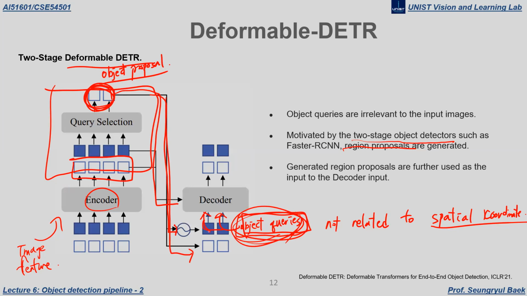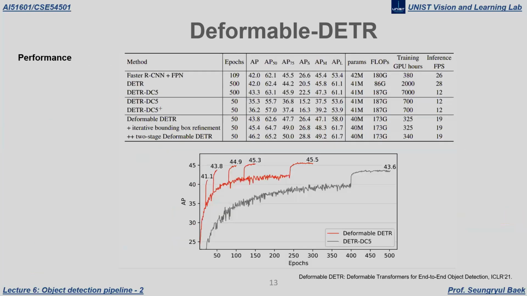They actually add this information when constructing the queries to the decoder. This is similar to positional encoding, actually.